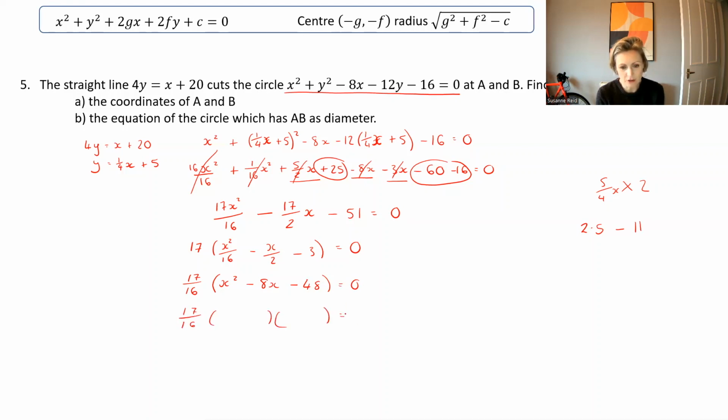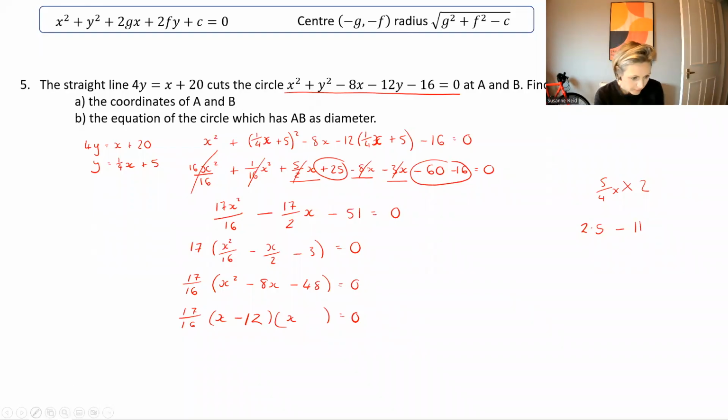But you could do the factorising before you did that. That might work. In fact, it would work if you prepare. You would just need to use your grid method. So we've got x, and the numbers that multiply to give you minus 48 and add to give you minus 8 are minus 12 and plus 4.